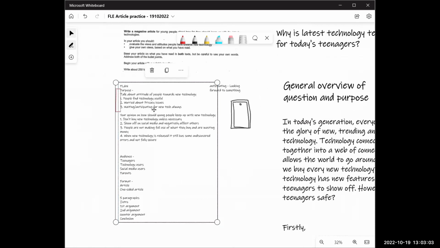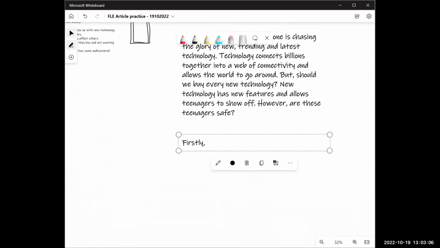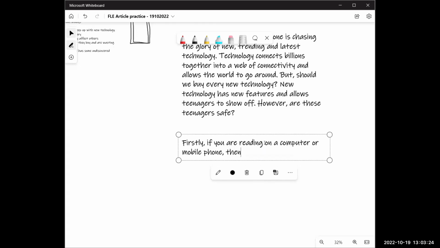Now, in this one, we're going to say, firstly, let's bring the points here. Useful. Firstly, if you are reading this on a computer or mobile phone, then you may realize that technology is quite intrinsic and useful.